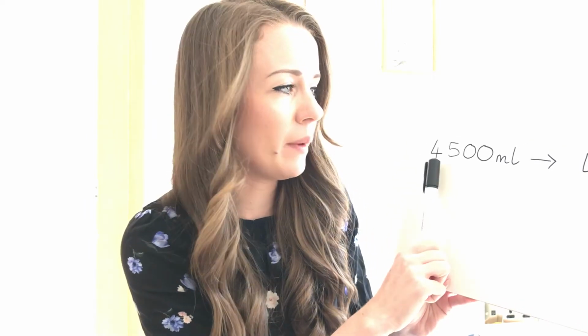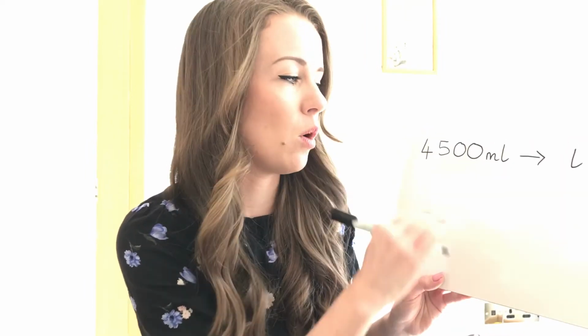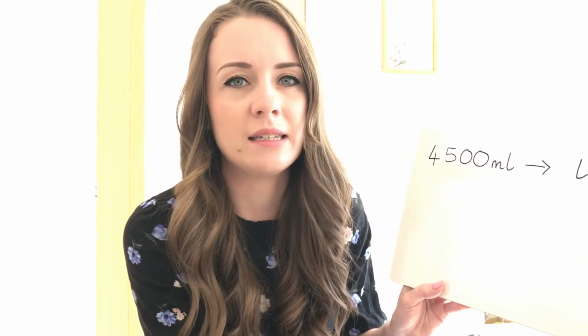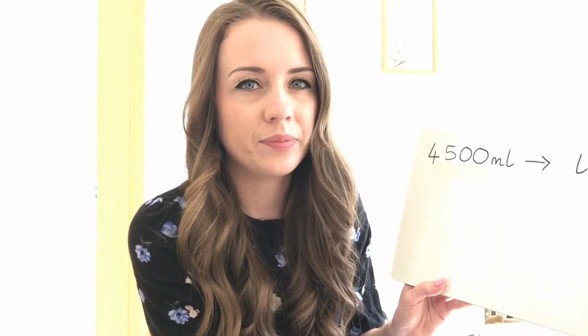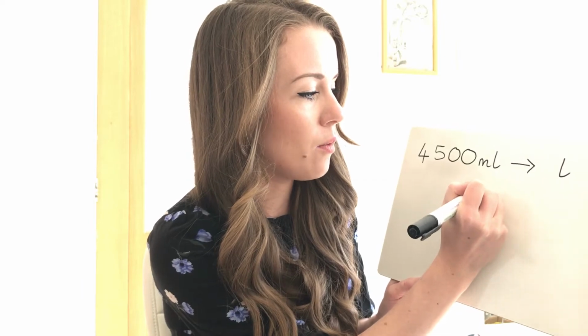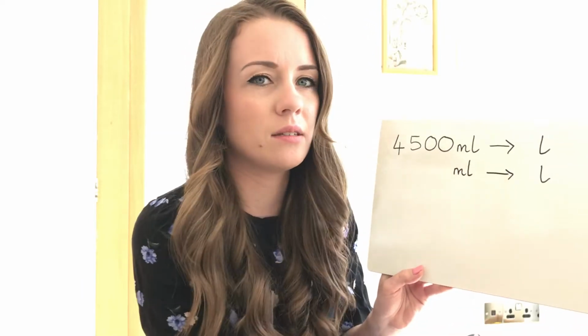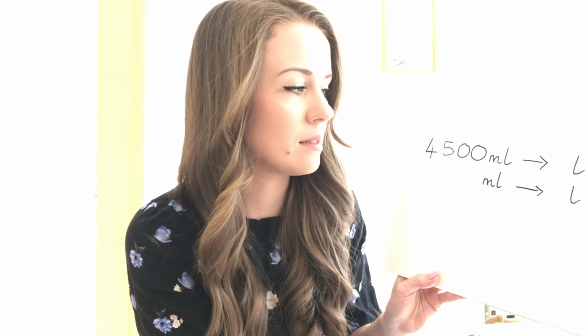So if we are going, for example, from millilitres into litres, okay? And we want to find out what 4,500 millilitres is in litres. We can do that if we think about what we know about millilitres into litres. So we have to think about the fact that we know about these two things.